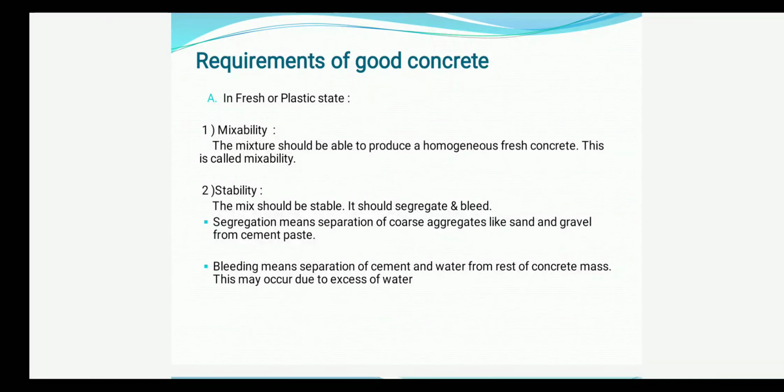Now, let us go to the next point after the curing of concrete, that is, requirements of good concrete. The requirements of good concrete are mainly divided into two types: when the concrete is in the fresh or plastic stage, and when it is in the hardened stage.